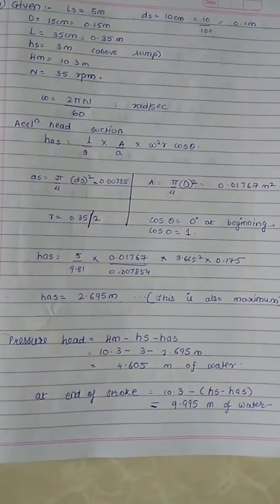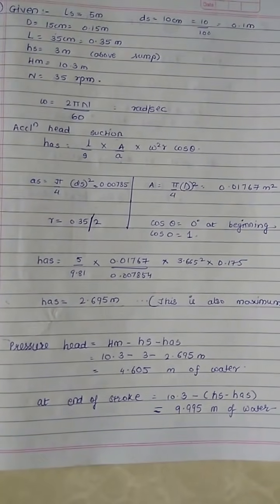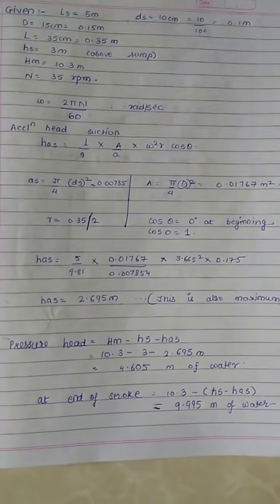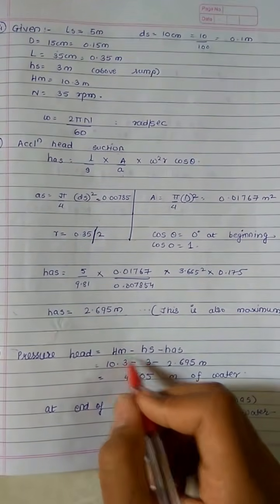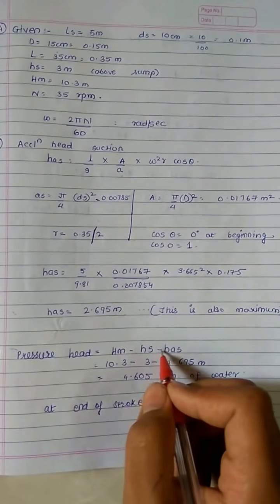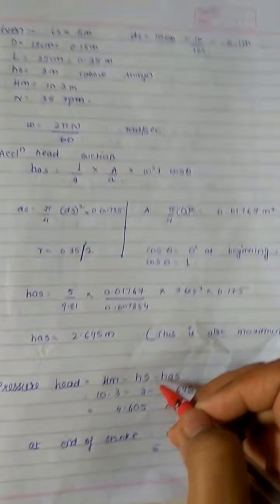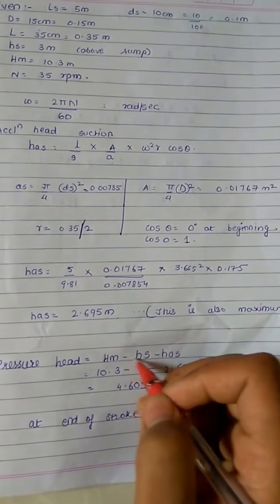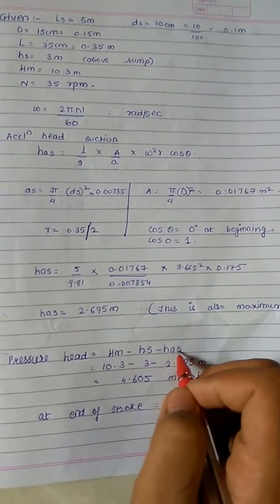Next we find out the pressure head. So what is pressure head? Pressure head is in terms of meter of water. So we can find out pressure head for suction, H atmosphere minus HS minus HAS. So remember this formula to find out the pressure head at the beginning of the stroke. This is the formula for pressure head at the beginning, H atmosphere minus H suction minus accelerating head.